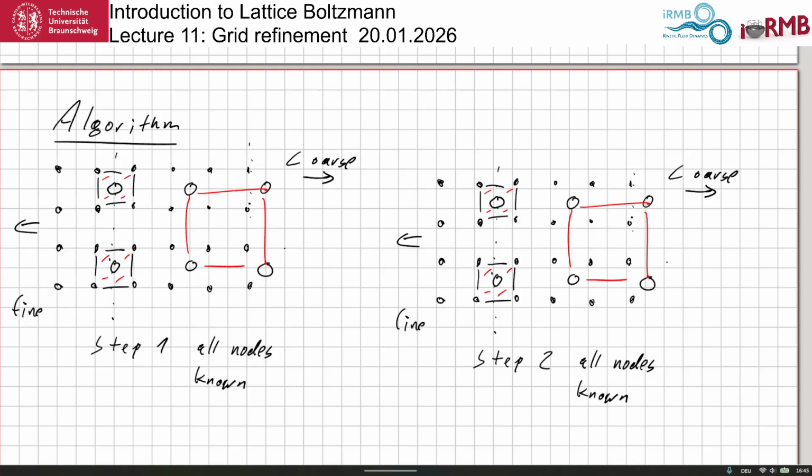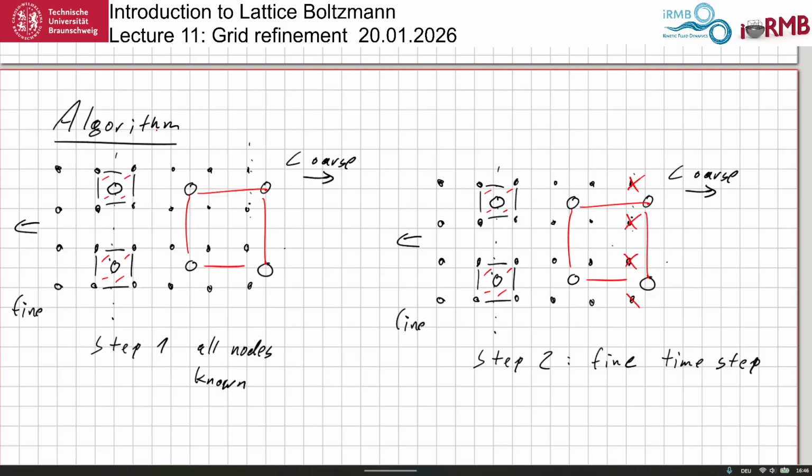So say this here is step 2. So what is happening in step 2? In step 2, we do one fine time step. So what happens if we do one fine time step? If we do one fine time step, we update these nodes.